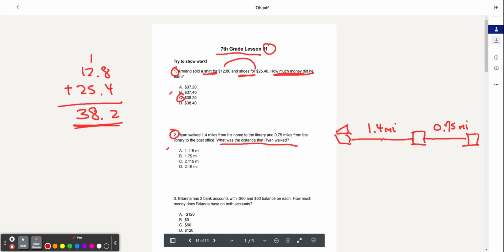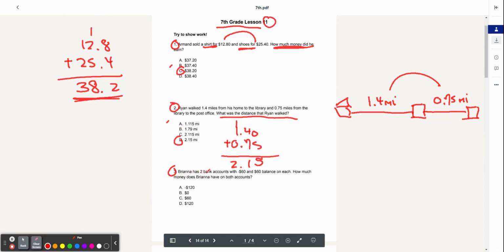So what was the distance that Ryan walked? Add these two values. So 1.4 plus 0.75. You have to line up the decimal point when adding. So when we add them together, we get 2.15, and that is D.